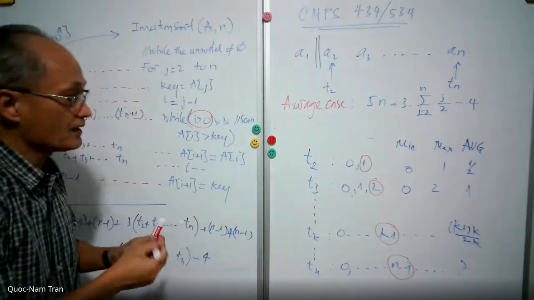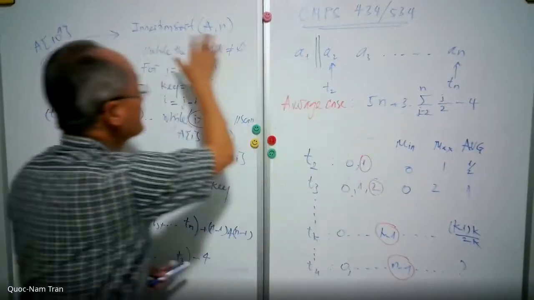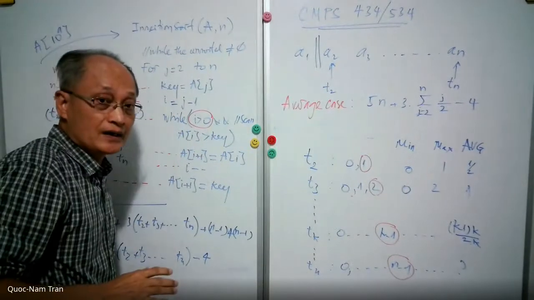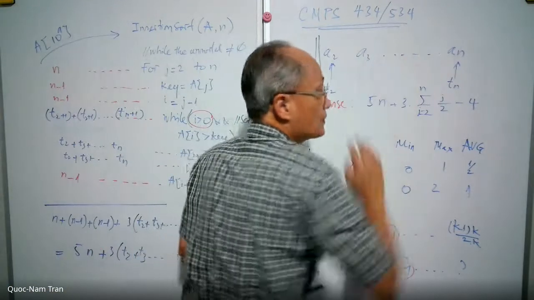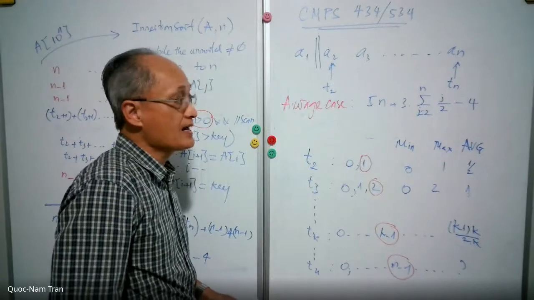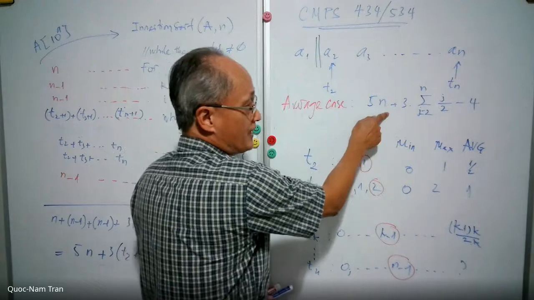So here is the average number of steps that the insertion sort would need for an arbitrary input sequence of n values. Okay, so here is the average case.